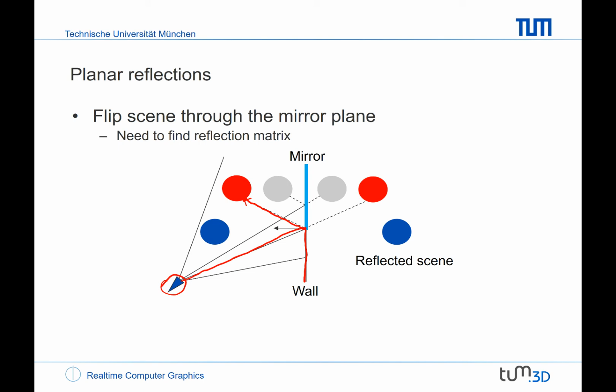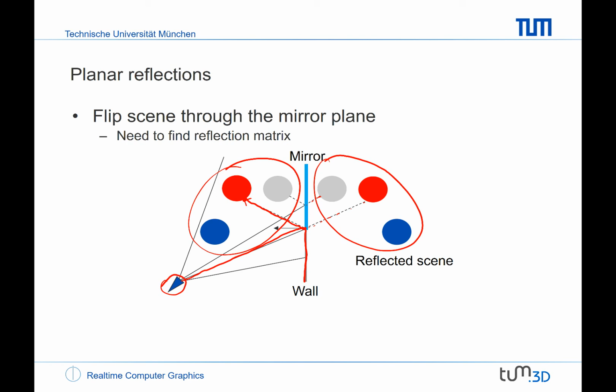follow the reflection ray. Instead, we just flip the entire scene, which is comprised of the three objects here, to the other side of the mirror plane. And then we just render the flipped scene, indicated by the dashed view rays here, as usual.